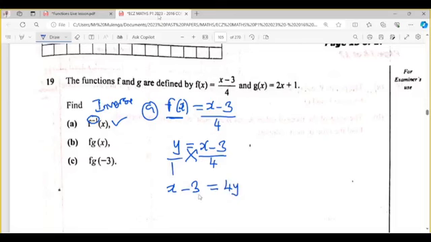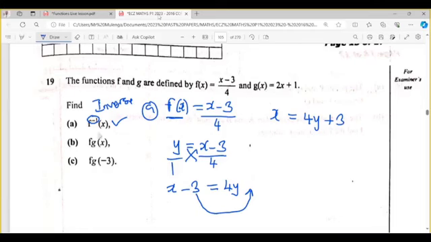Now from here, this negative 3 will go to this side so that we just remain with x. So we are going to write x equal to 4y plus 3. Remember this 3 was negative. When it goes to the right hand side, it becomes positive. This is why you're having 4y plus 3.